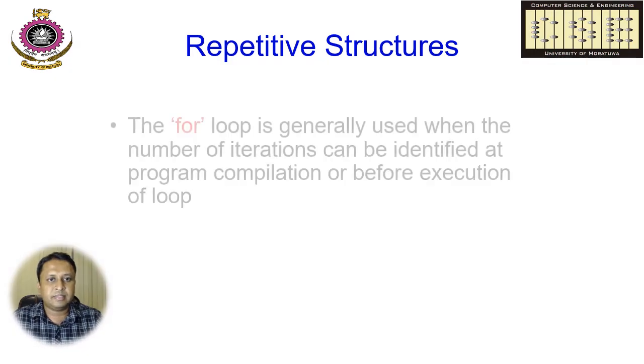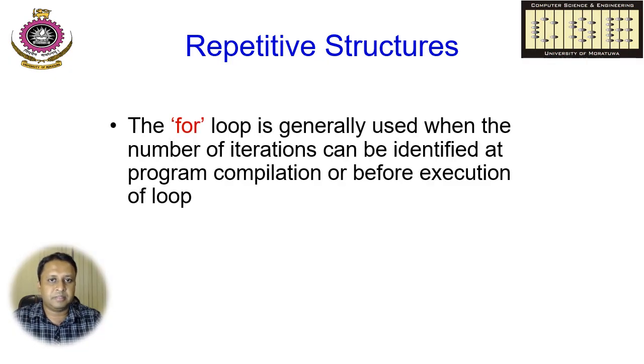Behind the discussion of repetitive structures, looping structures, we now have a general understanding of when to use a for loop and when to use a while loop. The for loop is a definite loop. We generally use a for loop when the number of iterations can be identified or known at program compilation, or before the execution of the loop.